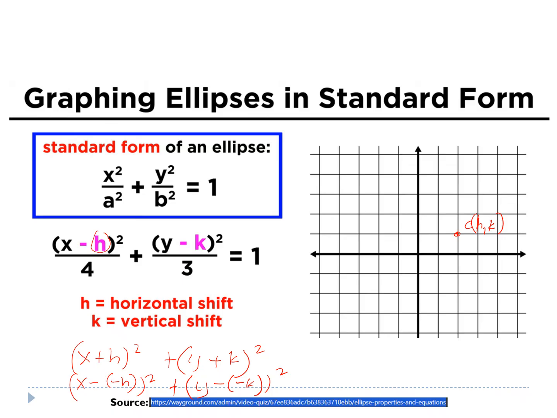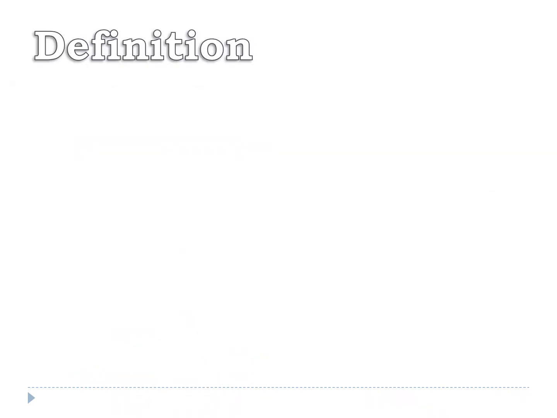So if this is negative, it is shifted to the left, and this is negative, shifted down. Okay, so that's the other possible scenario for our ellipse in standard form, where the center is not at the origin. Okay, going back to the basic definition of an ellipse.